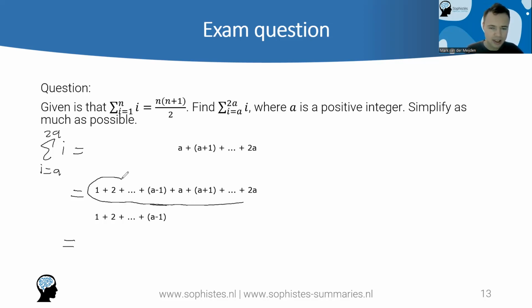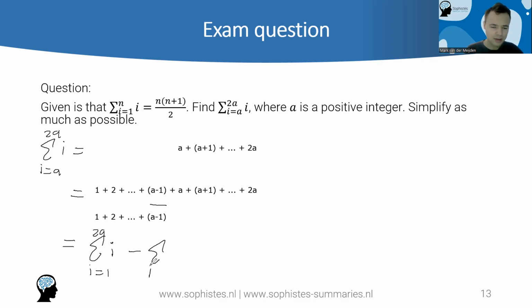Since this series here starts at 1, I can write it down like this here. Then what would be the end of this long series? So this is all the way up to 2a, right?